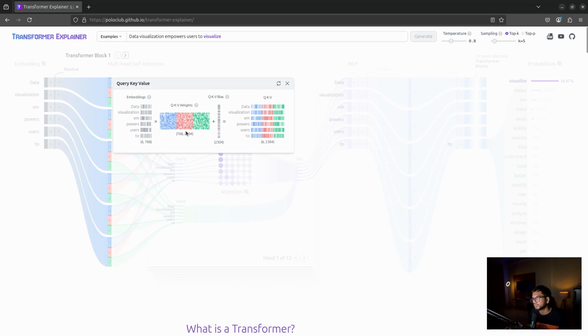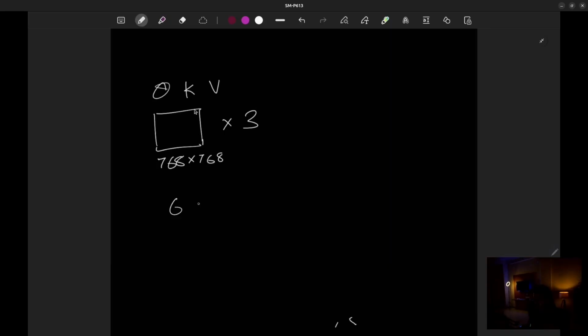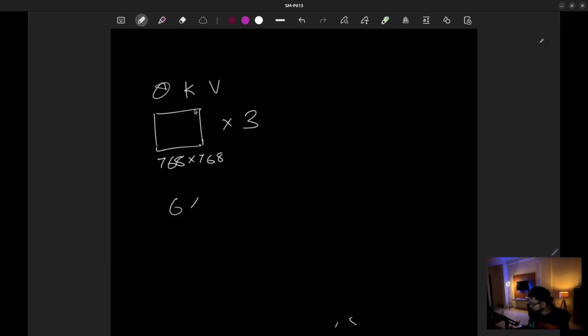Those three square matrices are there. And when the embedding comes, its dimension is 6 by 768, and this is the matrix. Then we do a matrix multiplication.